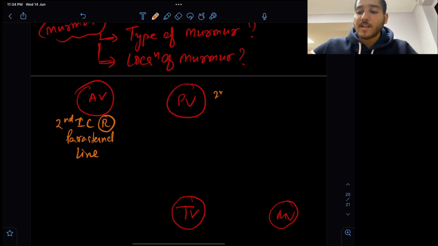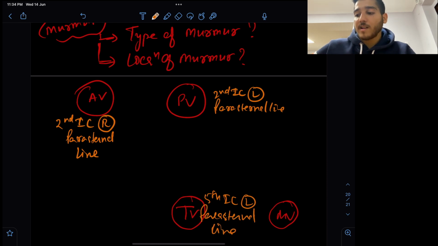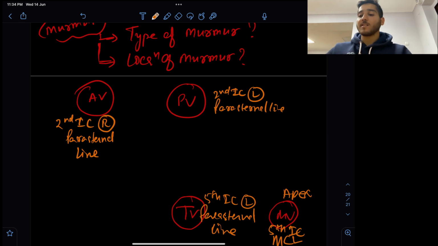Pulmonary valve is the second intercostal left parasternal line. Tricuspid is the fifth intercostal left parasternal line. And the mitral valve, which we also call the apex, is the fifth intercostal mid clavicular line, right?